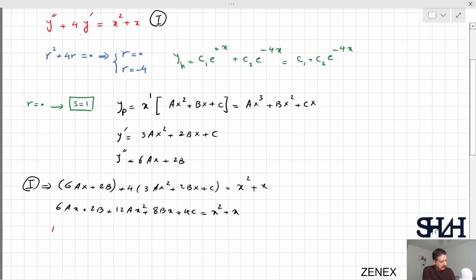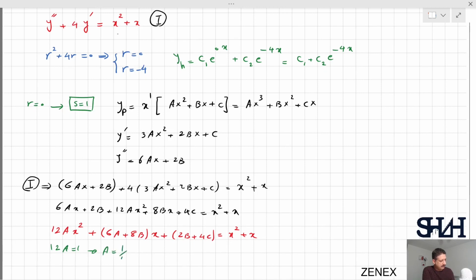I will write it down in descending order with respect to x. 12a x² plus (6a plus 8b) x plus (2b plus 4c), and it will equal x² plus x. So 12a will be 1.